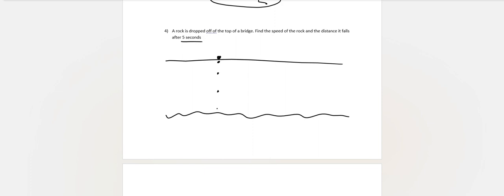This is just a question about acceleration. Remember that acceleration is change in velocity over change in time. For gravitational acceleration, you're going to use 9.8 meters per second per second. And then the delta t is given in the problem, so it probably won't be much of an issue, hopefully.